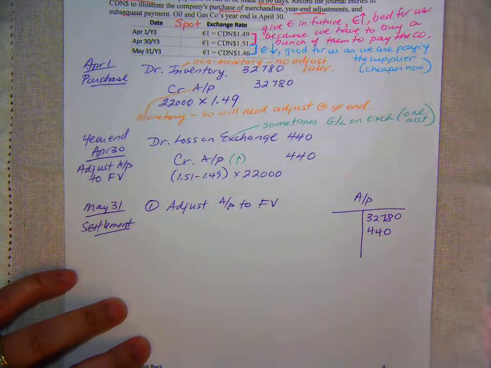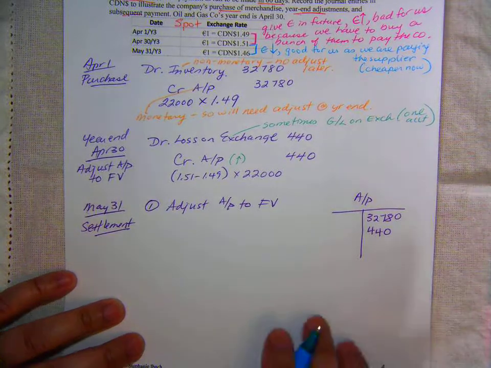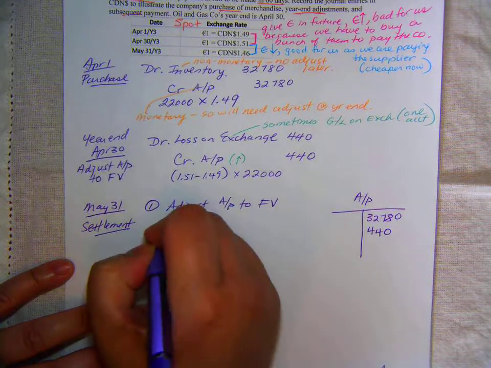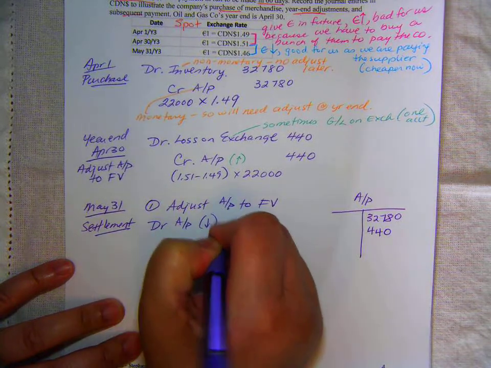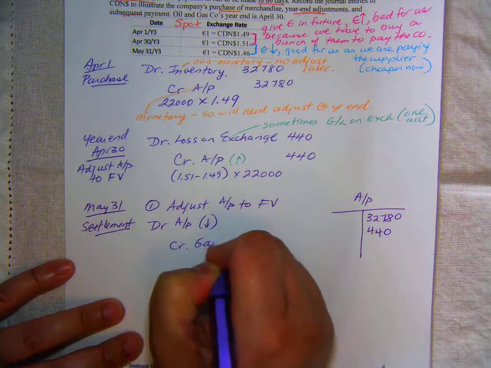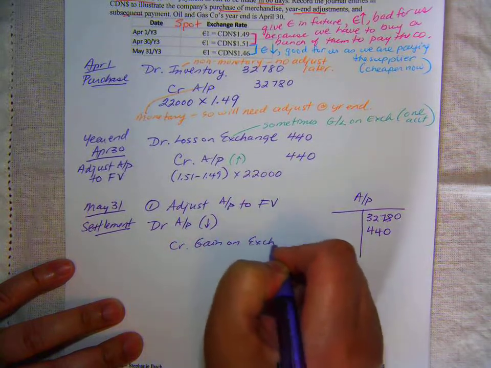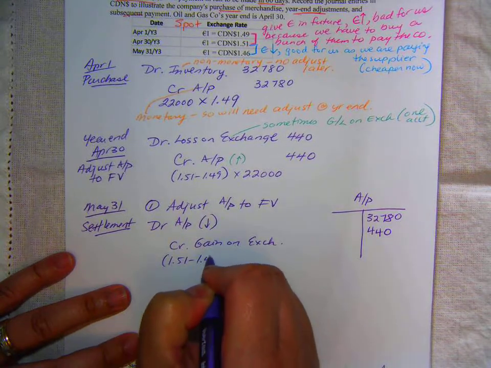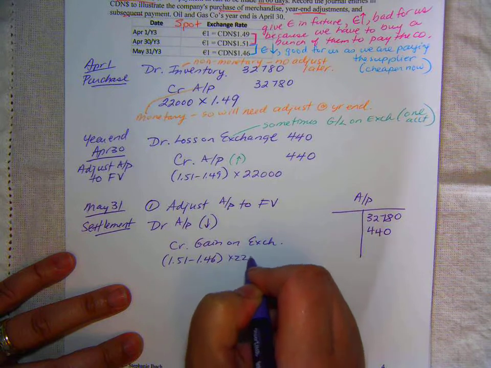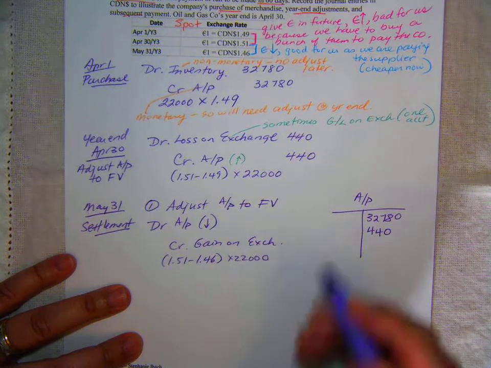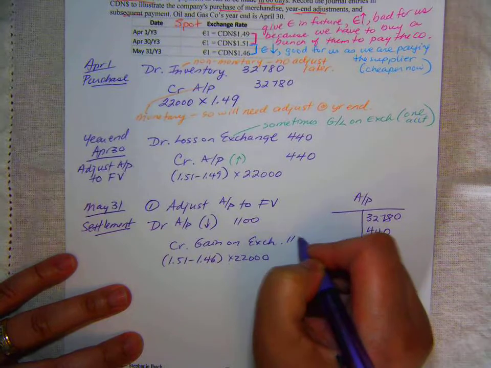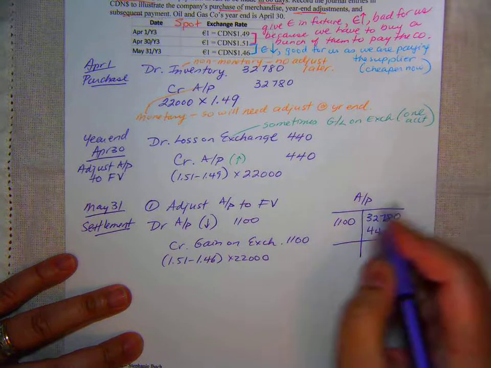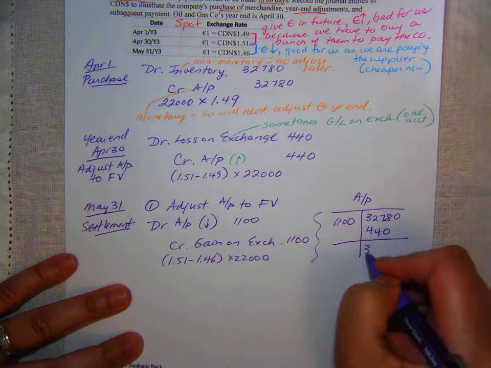We can reduce our AP. So we are going to debit AP to reduce and credit gain on exchange. And that's $1.51 minus $1.46 times 22,000, which is 1,100. And so we've got 1,100 in there, and our balance is now 32,120.